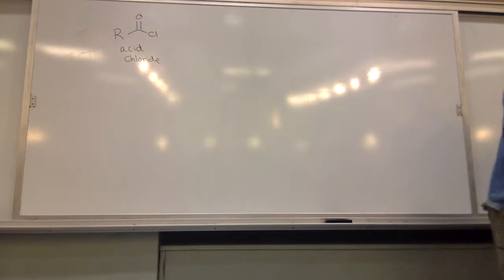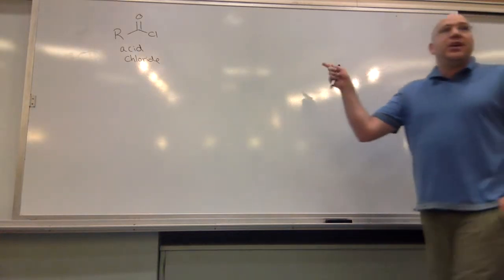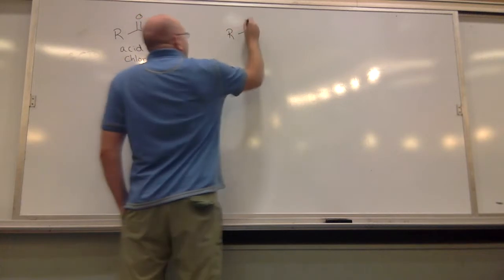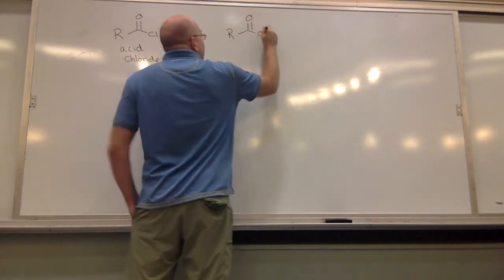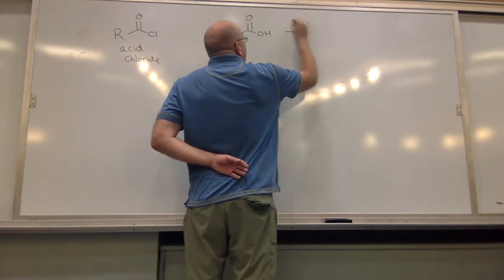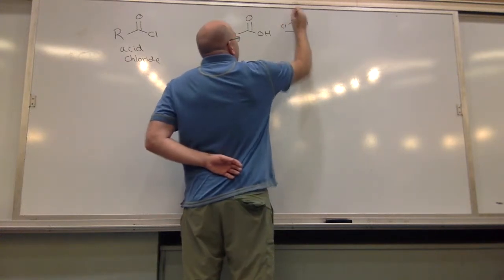As you might imagine, you've learned that alcohols can be converted to chlorides using thionyl chloride, and it turns out that the same reagent can be used to convert carboxylic acids to acid chlorides.